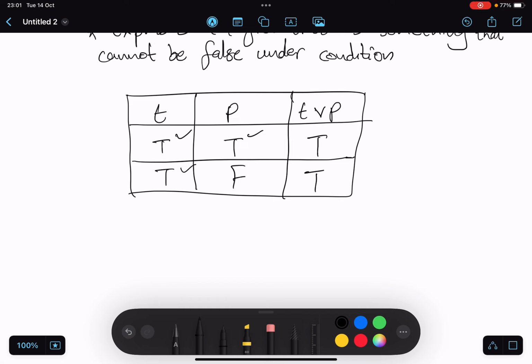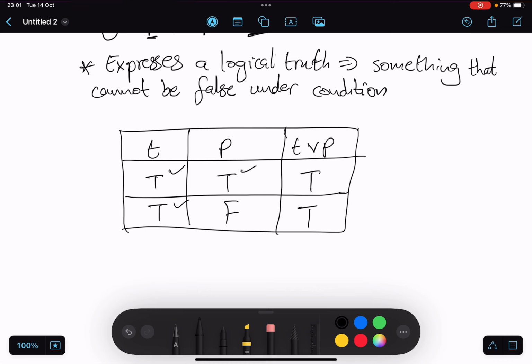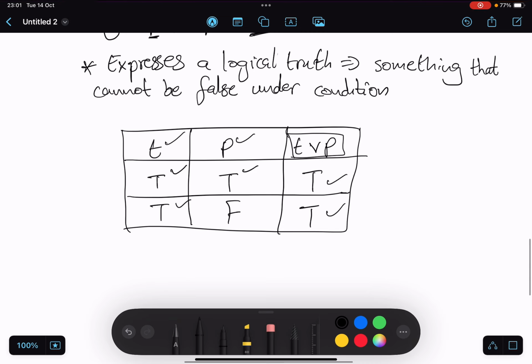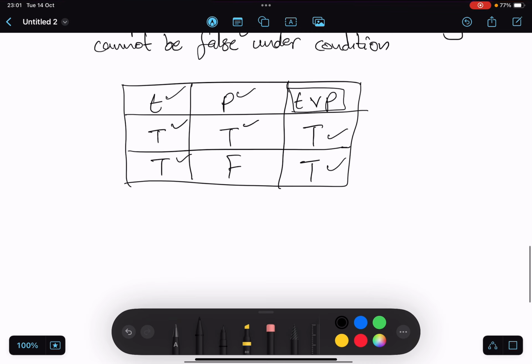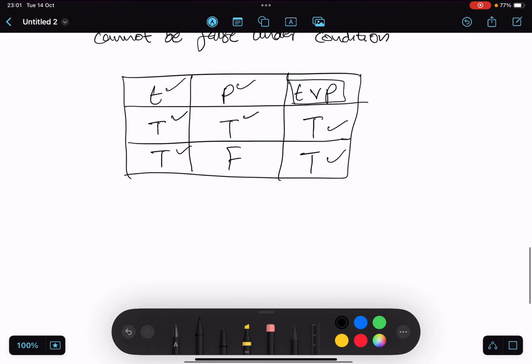So this is one way of evaluating the tautology. We can see that taking a true logical statement and just any proposition, we're getting true.